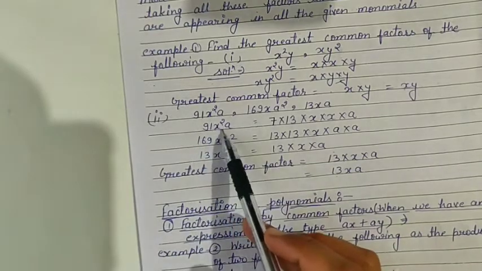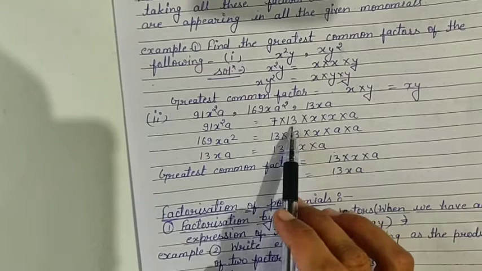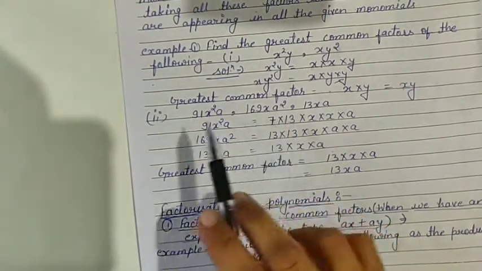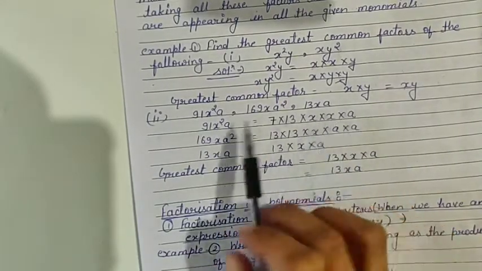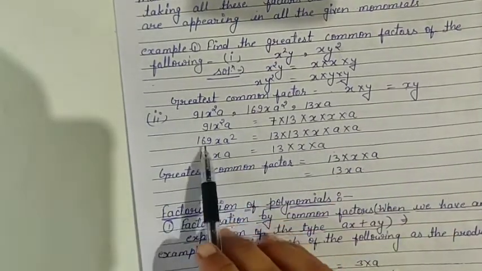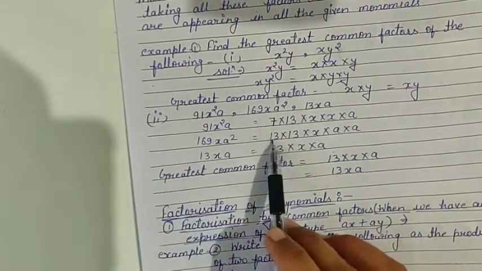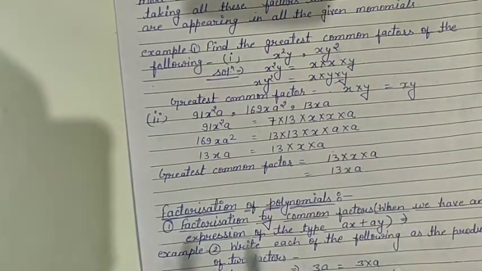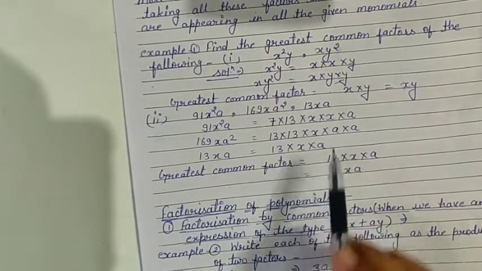So factors of 91x square a are 7 into 13, these are prime factors of 91, and x square, x into a. Now factors of 169x a square: 13 into 13 into x into a. Factors of 13xa: 13 into x into a.